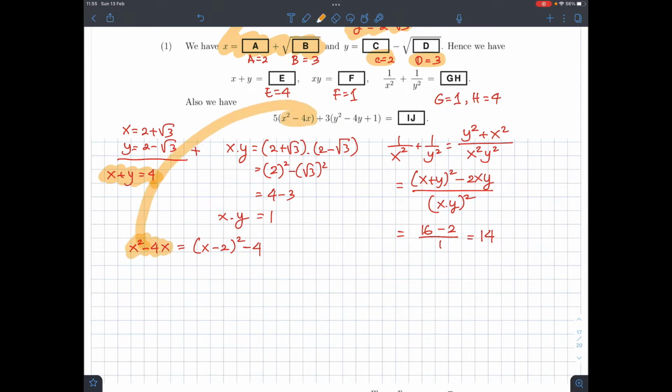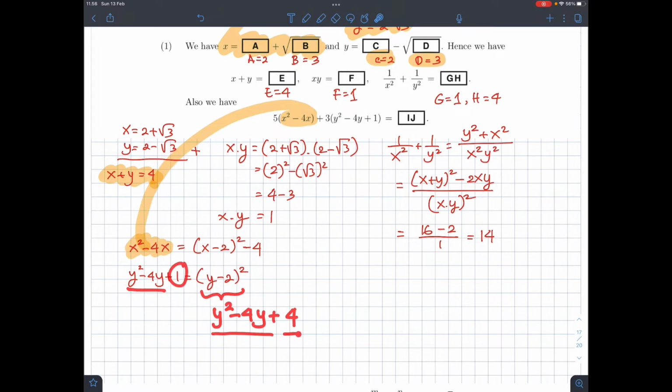Okay, and we do the same thing with y squared minus 4y plus 1. I will change it into (y minus 2) squared. If I expand this form, it should be like this. The first two terms are exactly the same, but the last term is different.